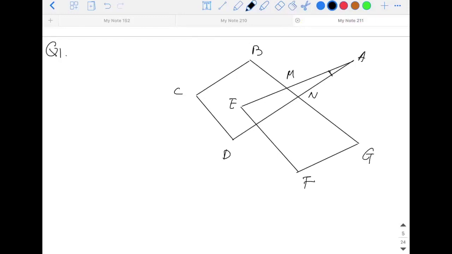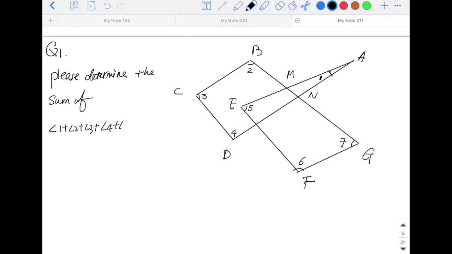This is angle 1, 2, 3, 4, 5, 6, 7. Please determine the sum of angle 1, angle 2, angle 3, angle 4, 5, 6, 7.